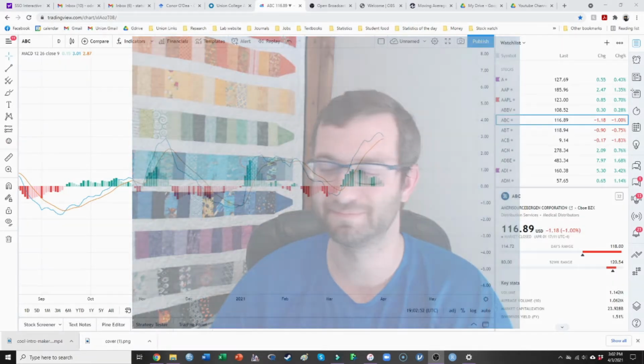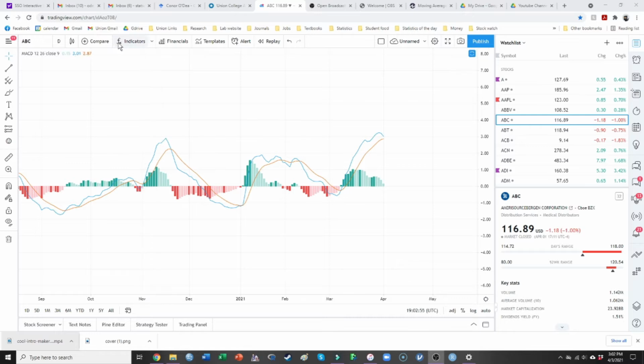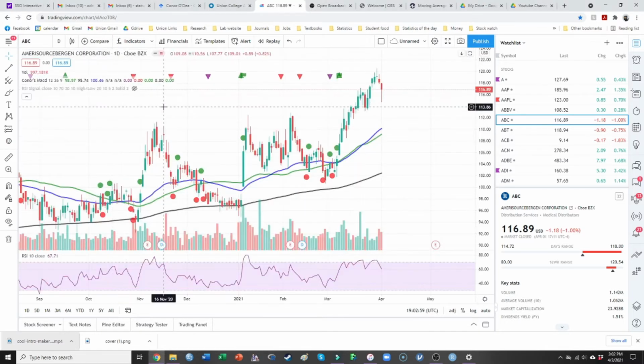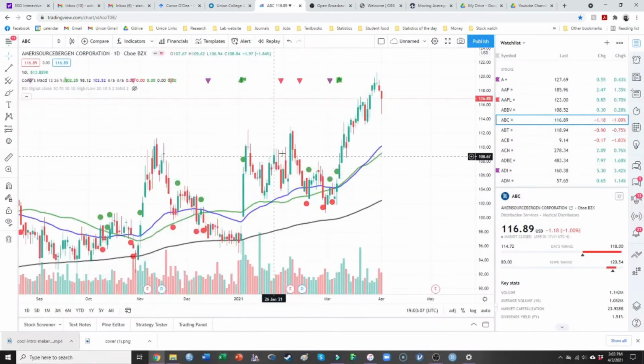So to get the MACD, let me actually just exit out of this here. What we're looking at initially is just the price of the stock. I'm going to also remove the RSI, and I'll hide my other stuff.